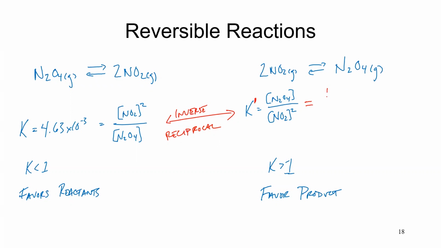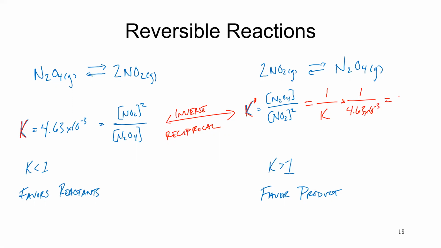So this K prime is equal to 1 over K, if this is K, and K prime is equal to 1 over 4.63 times 10 to the negative third.